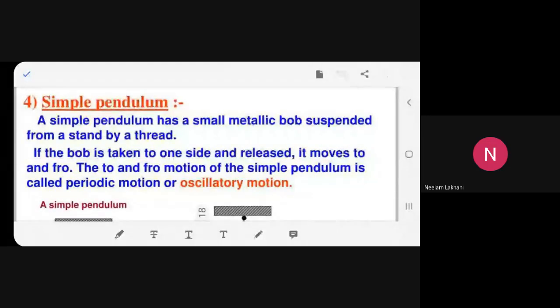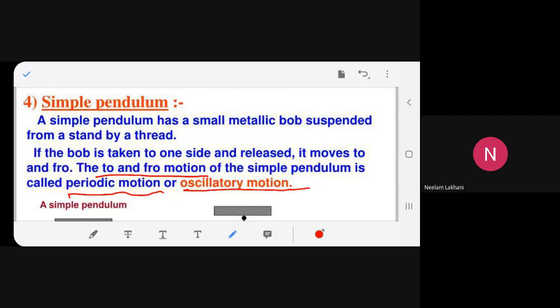The to and fro motion of the simple pendulum is called periodic motion or oscillatory motion. Okay. So now this to and fro movement is called by two names. One is periodic and the other one is oscillatory motion. So if I say oscillatory motion and if I say periodic motion, you should not be confused because both the motions are the same.